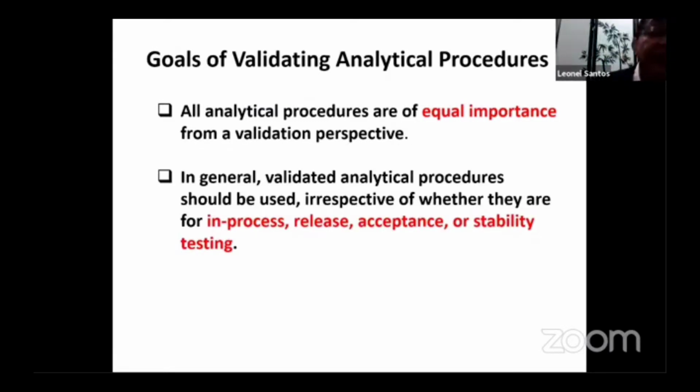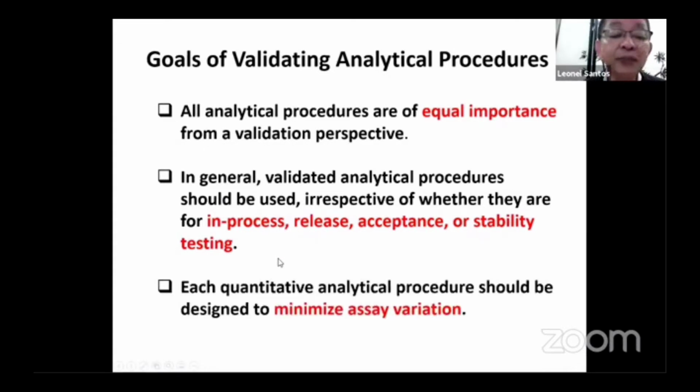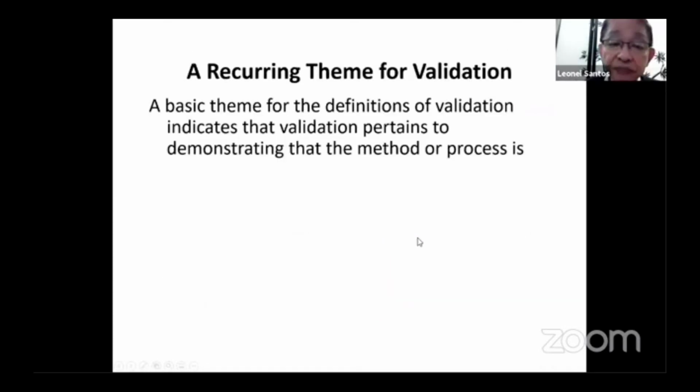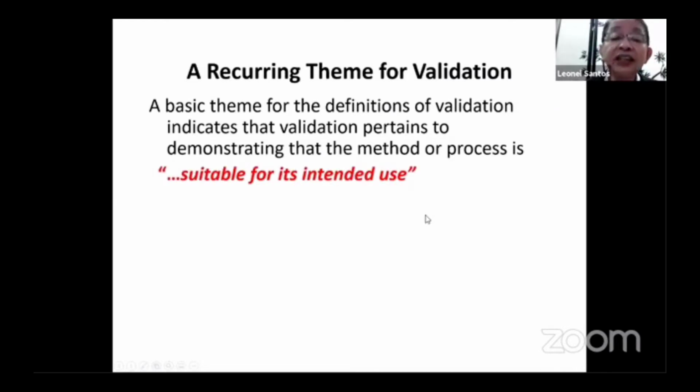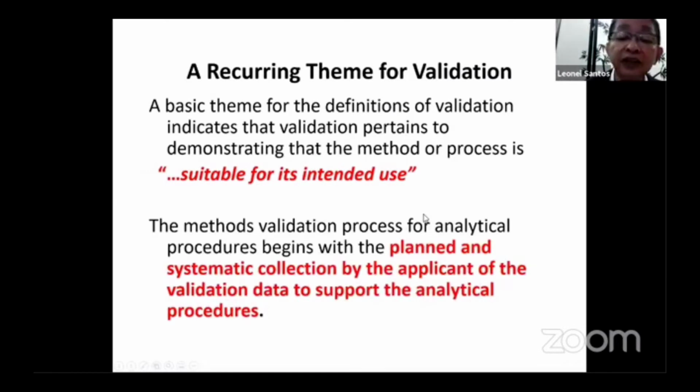And then in general, these validated analytical procedures are used in different ways for in-process testing, release, acceptance, even for stability testing. But again, you would want to have a validated method that minimizes variation in results. Again, the recurring theme for validation is that it is suitable for its intended use.